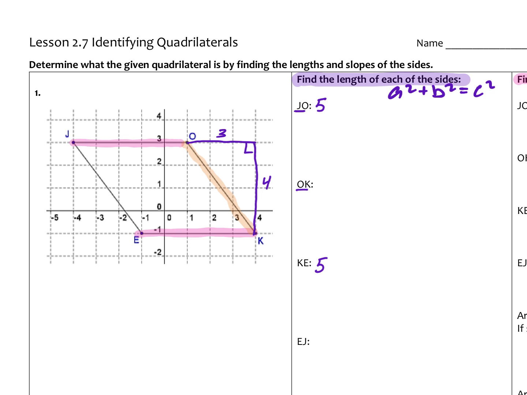Now to find out this x length, I'm going to do a squared plus b squared equals c squared. So I'm going to say x squared equals 3 squared plus 4 squared. So what's 3 squared? 9. And what's 4 squared? 16. And what's 9 plus 16?